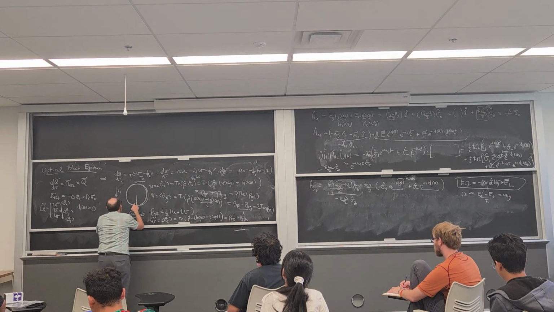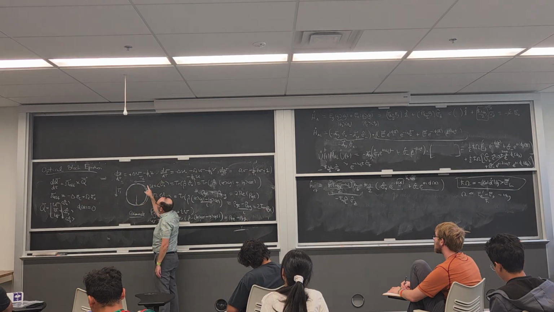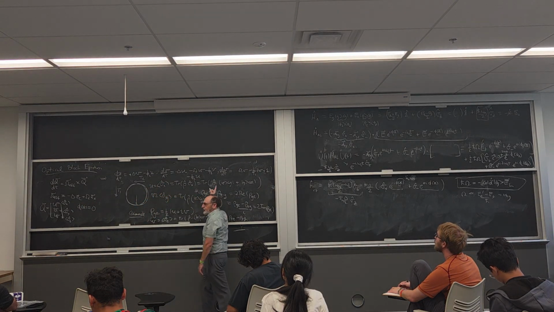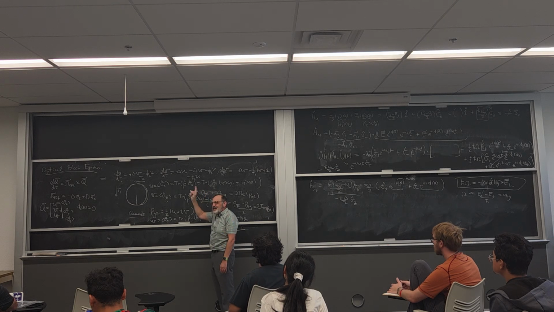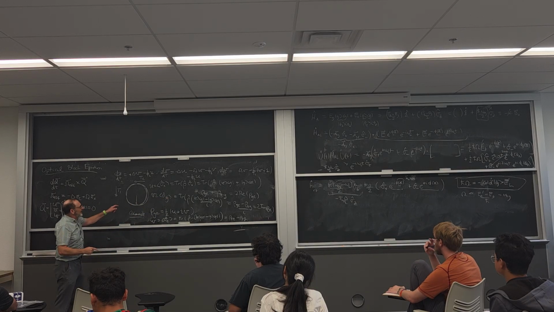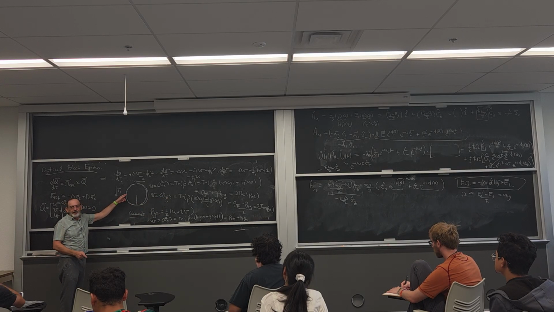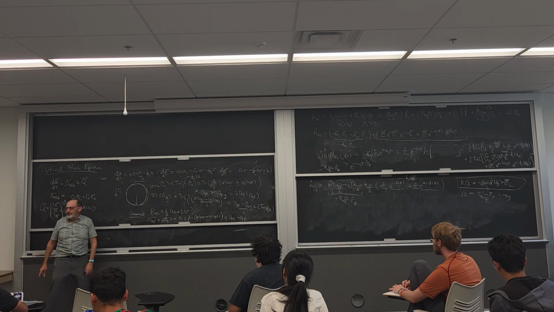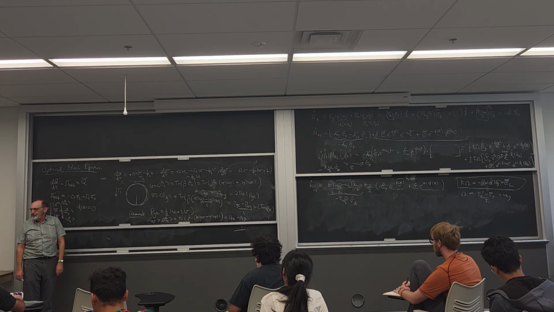Tristan, what you're saying is if we include the T1 and T2 decay, what is the trajectory expected to look like on the Bloch sphere? It's no longer going to stay on the surface. What do you think is going to happen?